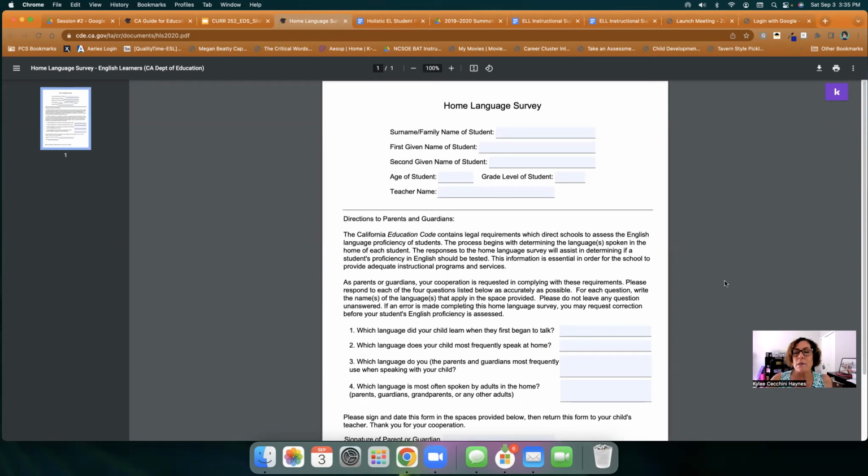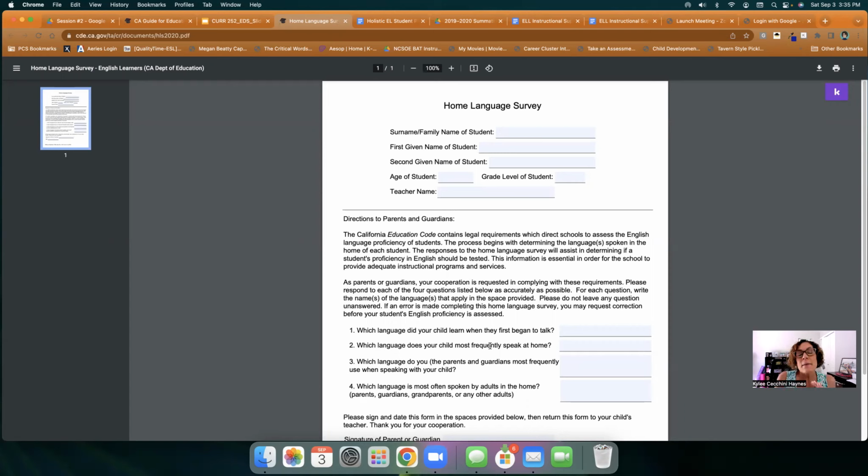And basically what they're trying to understand is, what language did the child first learn when they began to talk? Which language does your child most frequently speak at home? Which language do you, the parents, guardians, most frequently use when speaking to the child, and so on.